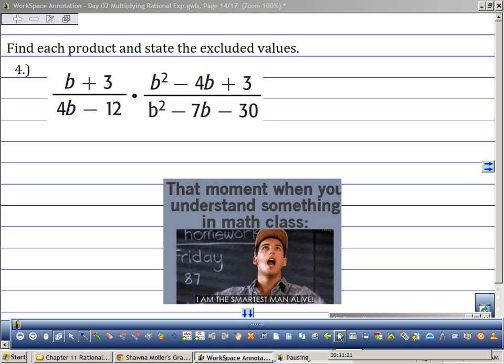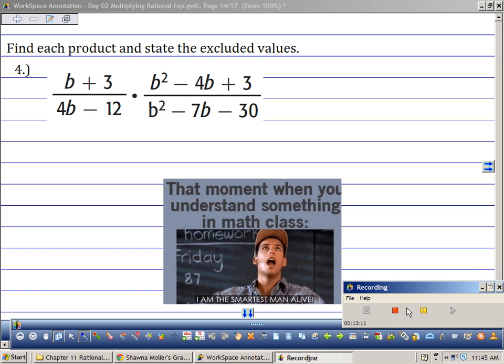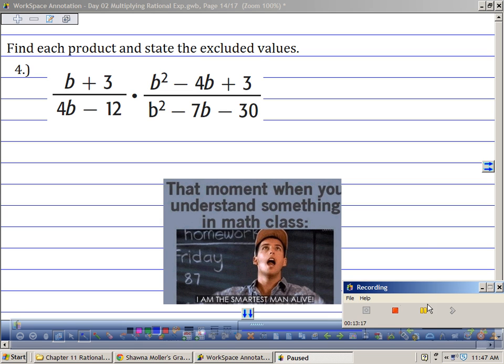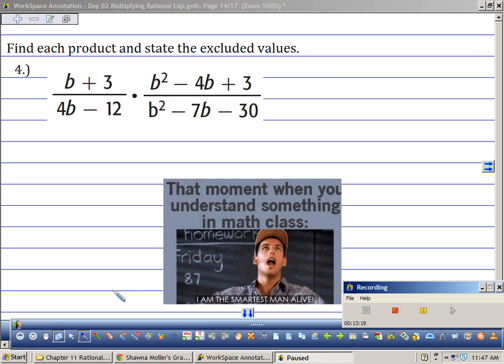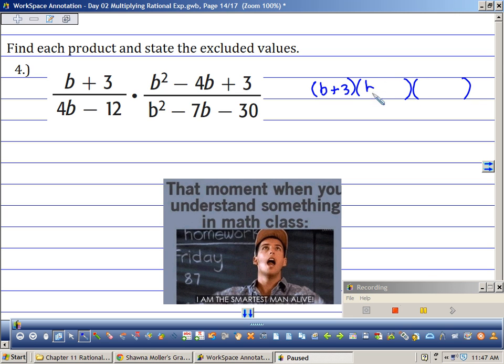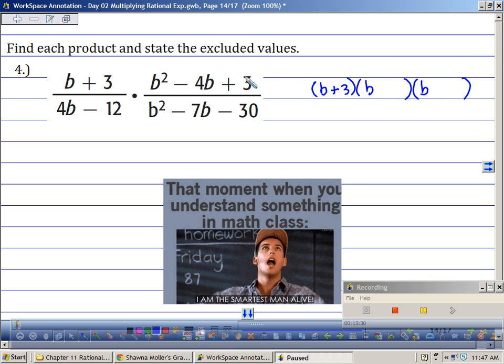Try this. Okay, so let's do this one. I've got c plus 3. Back to this other one. It's a b and a b. 3 times 1 makes 3, but if I make them both negative, they make -4.